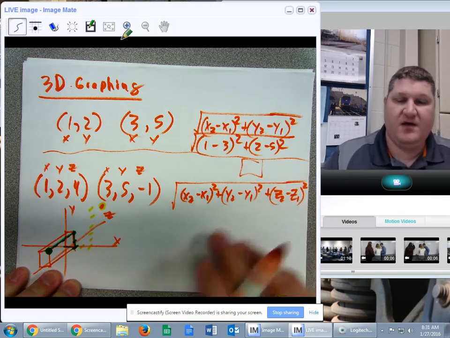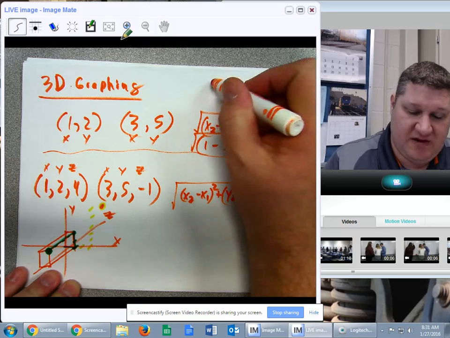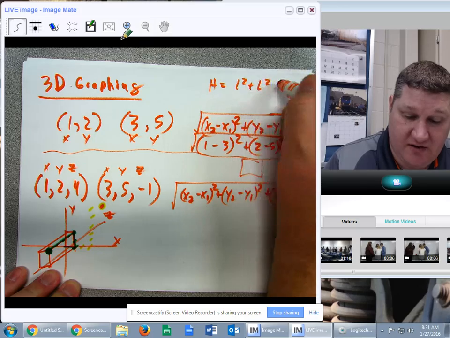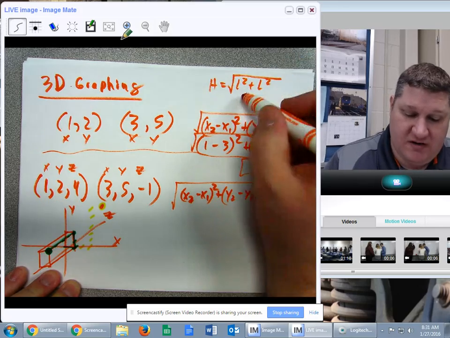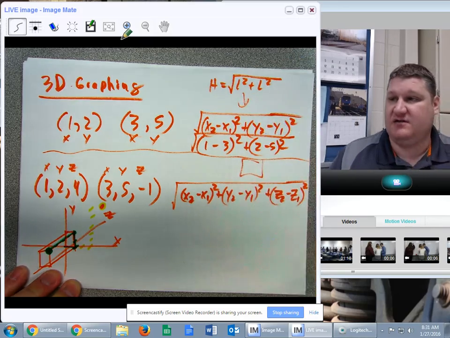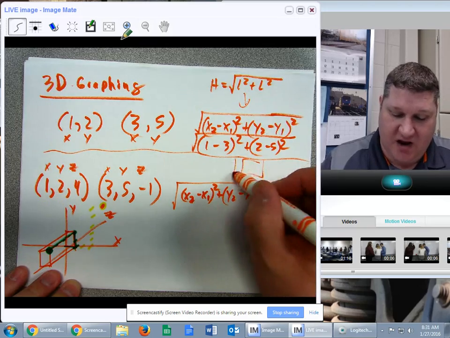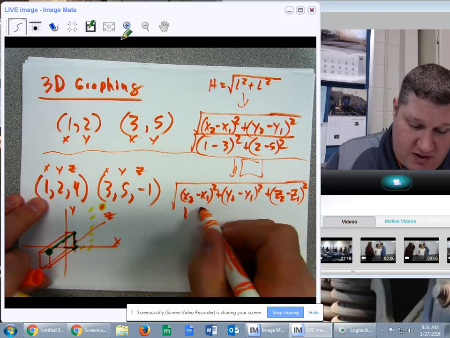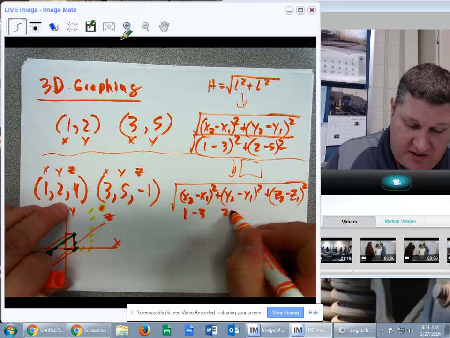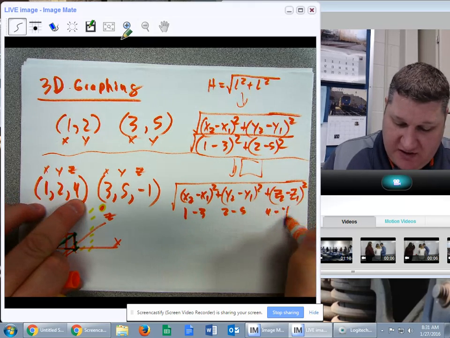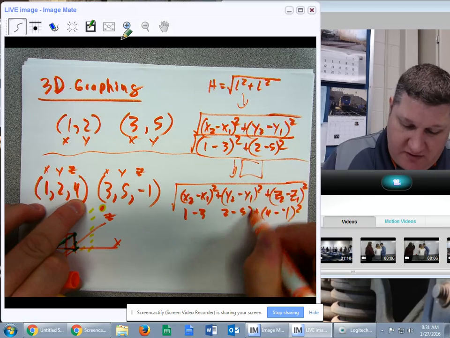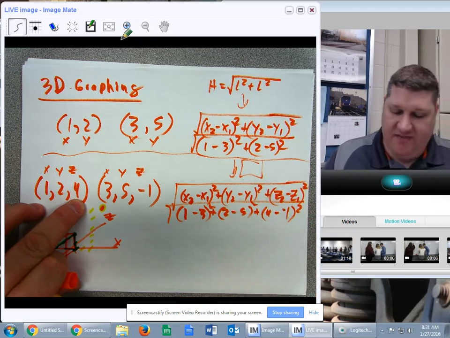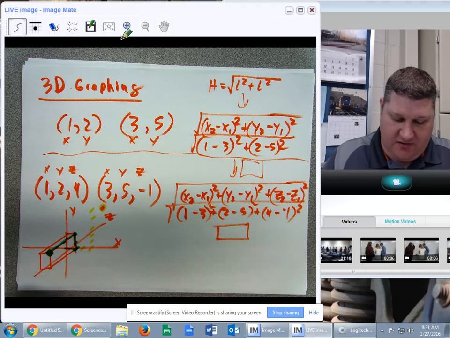The reason we do the distance formula here is because hypotenuse equals leg squared plus leg squared, square root. Really what you're doing is the Pythagorean theorem turns into the distance formula, and now we're just taking it from 2 dimensions to 3 dimensions. So 1 minus 3, 2 minus 5, 4 minus -1, squared plus squared plus squared, square root, and that's how you would find your value.